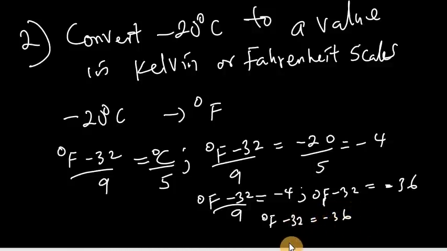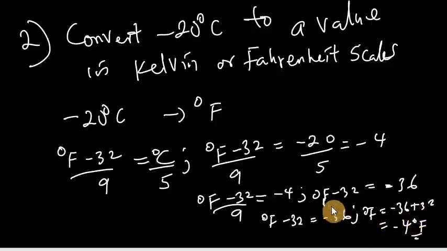When the 32 crosses over, you have degree Fahrenheit equals minus 36 plus 32, which is minus 4 degrees Fahrenheit. So we have converted minus 20 degrees Celsius to degrees Fahrenheit, and we have it as minus 4 degrees Fahrenheit.